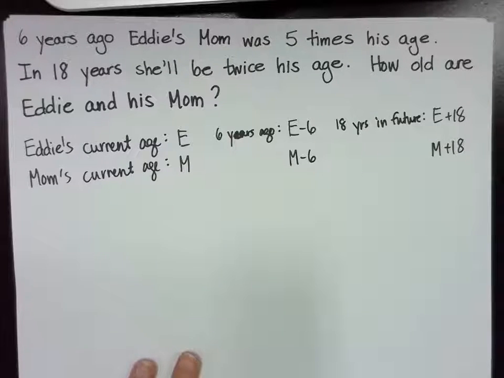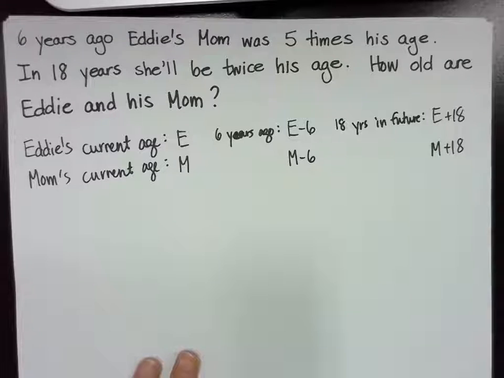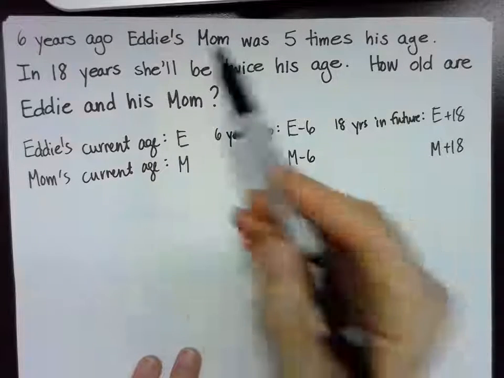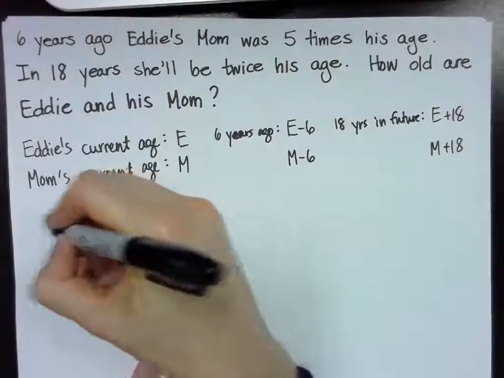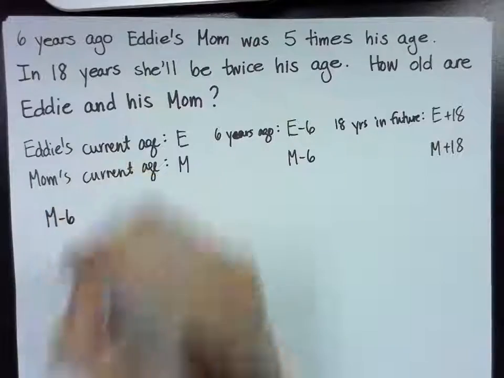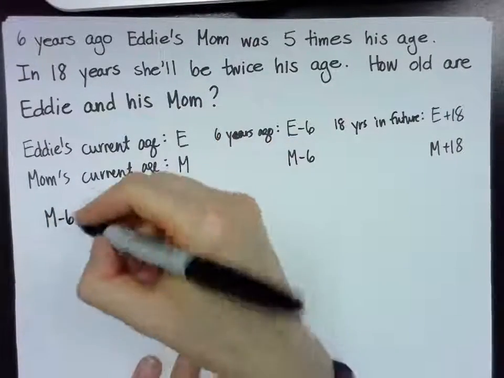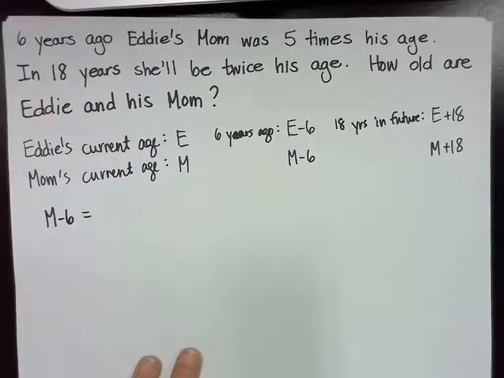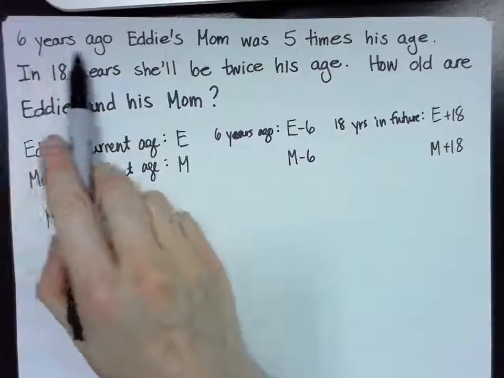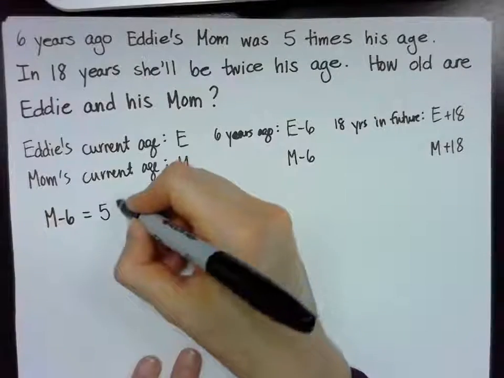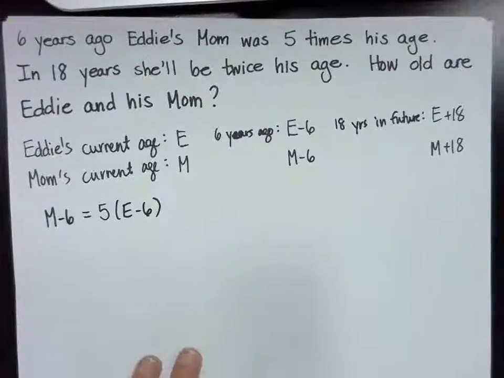Okay, so the first sentence tells us that 6 years ago, Eddie's mom was 5 times his age. So his mom's age 6 years ago was M minus 6, and that equals 5 times his age. Again, we're talking about 6 years ago, so his age 6 years ago was E minus 6.